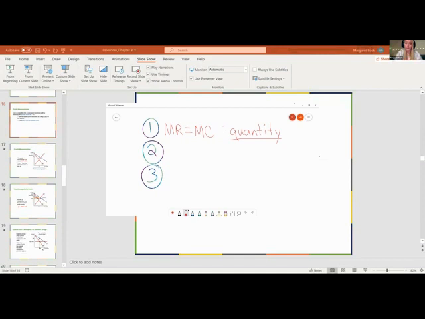From this intersection point of marginal revenue and marginal cost, you go straight up to the demand curve to find the consumer's maximum willingness to pay at this given quantity.